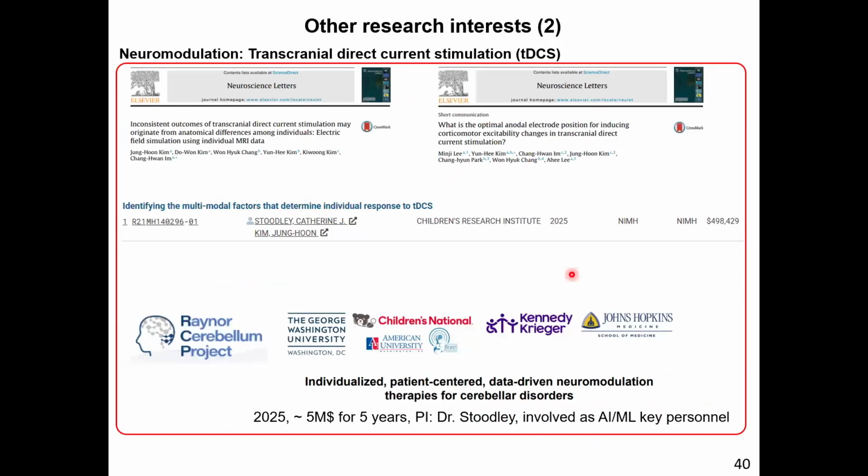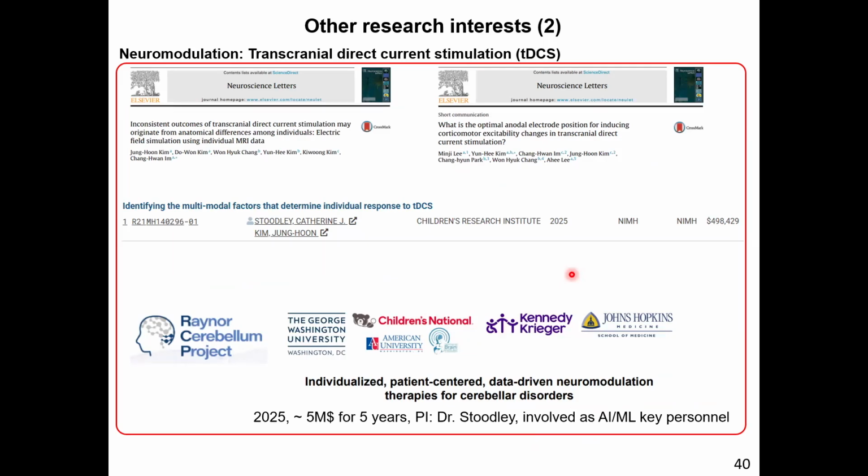And finally, I'm also interested in neuromodulation. During my master's degree at Hanyang University, I focused on TCS, and now I'm working as a PI in our lab with some of the research faculty. We submitted an R21 about identifying multimodal factors that determine the individual response to TCS.